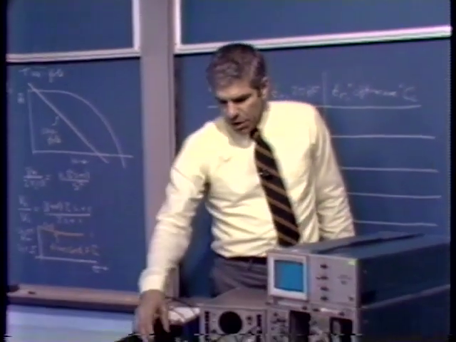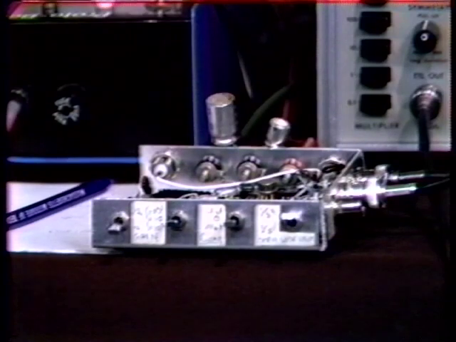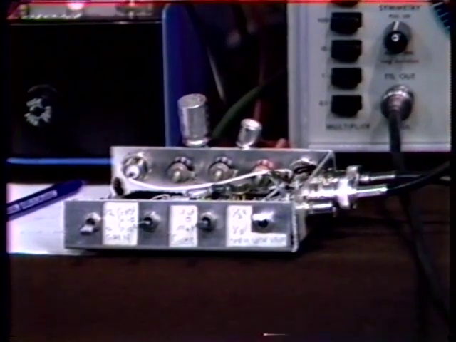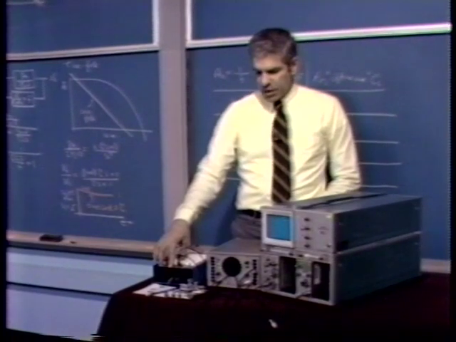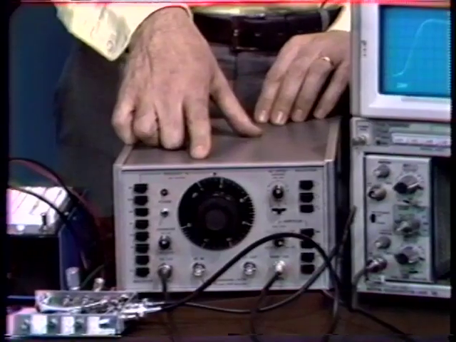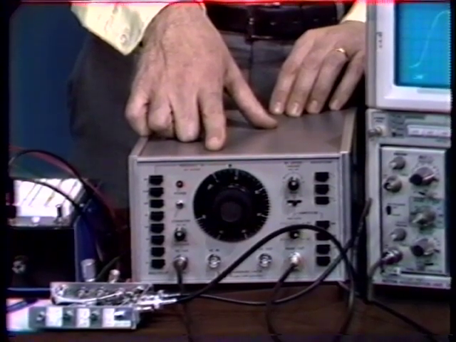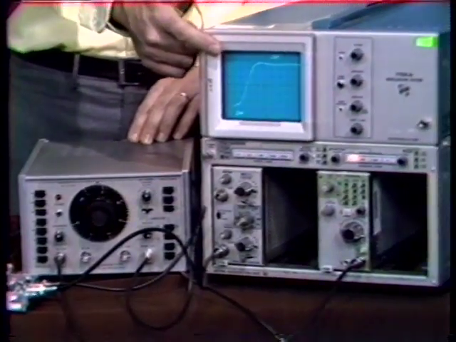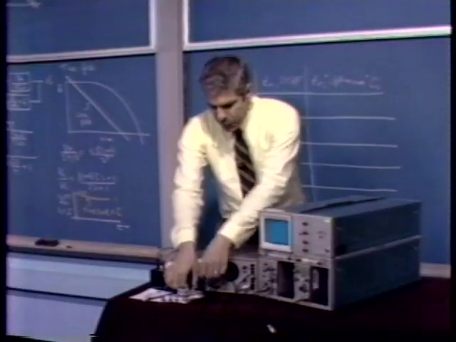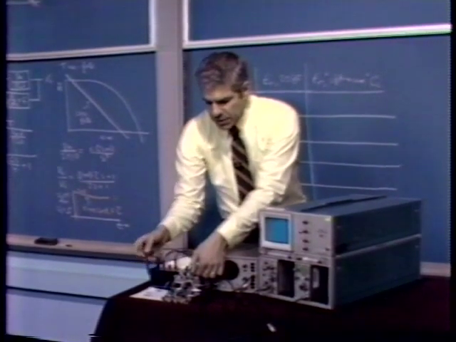Here we have a board that includes an amplifier where we can change the compensating element, and the rest of the equipment then includes a power supply, which simply powers the amplifier in question, a signal generator that allows us to put steps or other test signals into the amplifier, and an oscilloscope to look at the resultant responses. If we examine this board in detail, it has more than we're actually going to use in this demonstration.